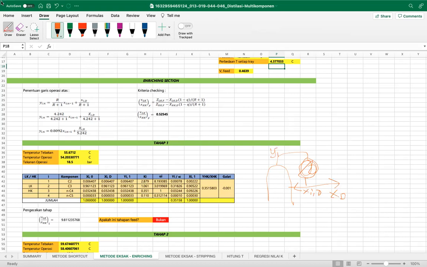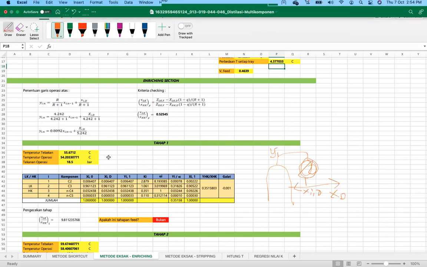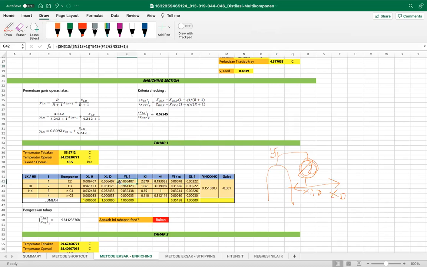That's why the composition of Y1 is all the same. So once you know the Y1, based on the XD, we know the X0 as well.